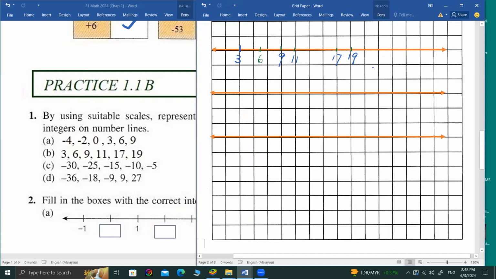You want to go to right also can. So you come to the smallest one, let's say negative 30. See? Negative 25. Negative 20. Negative 20 not given, sorry.